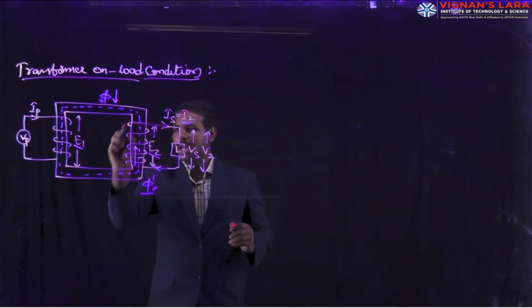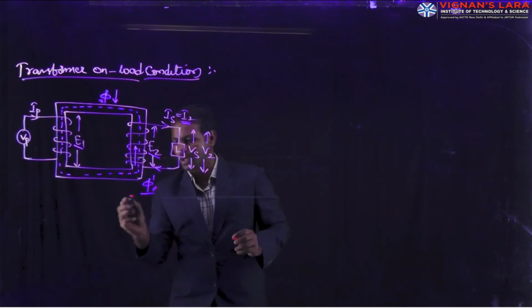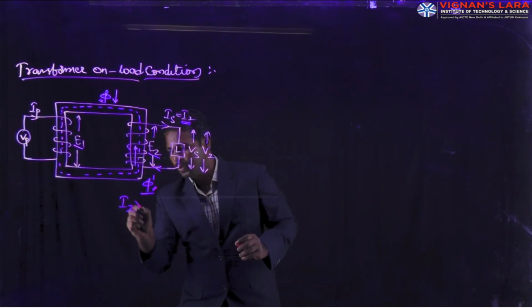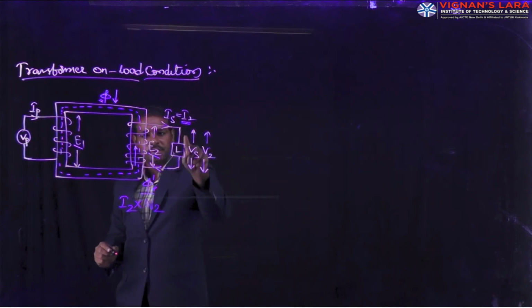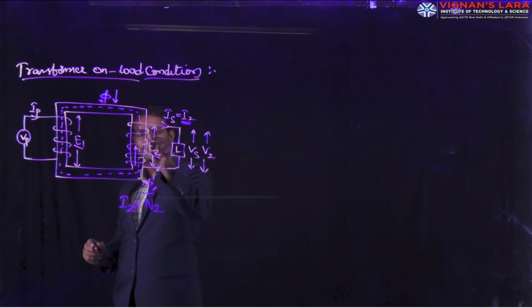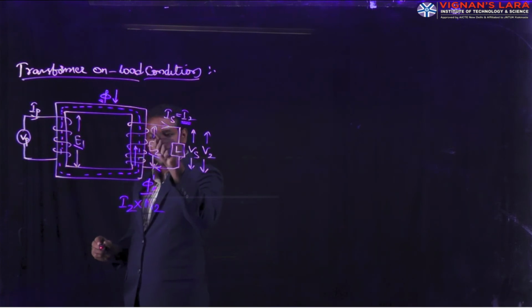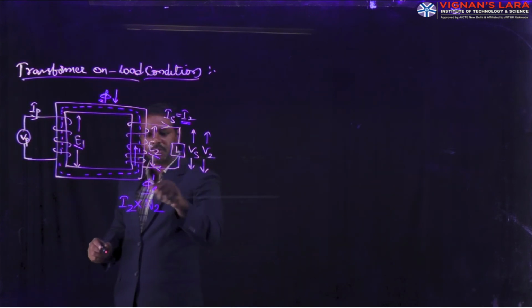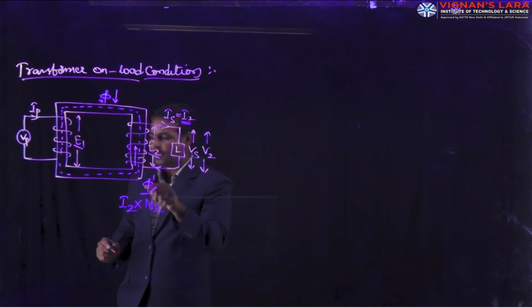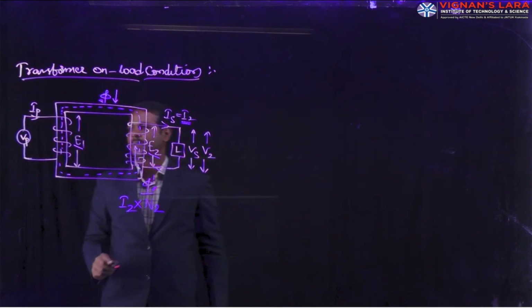The ampere turns in the secondary winding are equal to I2 into N2, because the I2 current circulates through the N2 turns and generates the flux. That flux always opposes the main flux, so the resultant flux is reduced. So phi dash is to be compensated, and additional current is drawn from the supply.